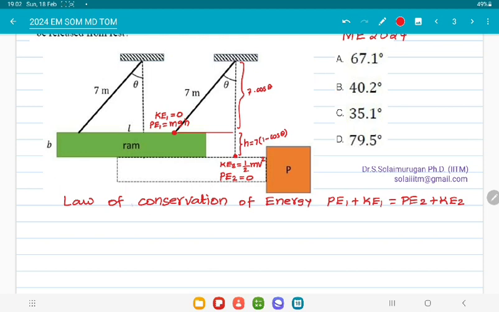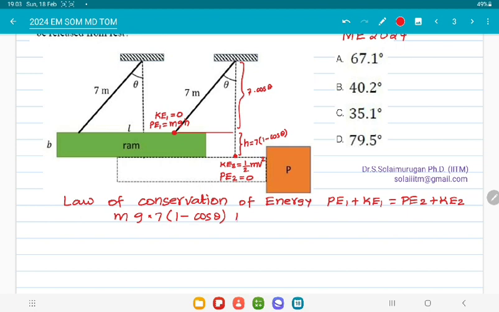Initial potential energy mgh, mgh is equal to m g 7 into 1 minus cos theta.